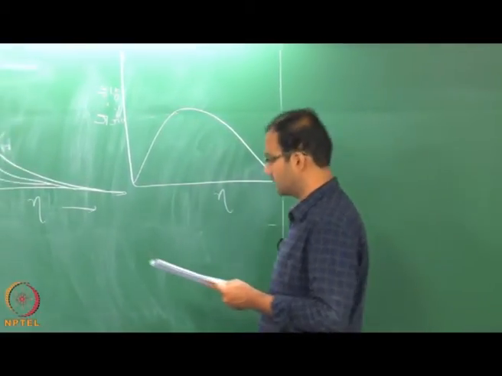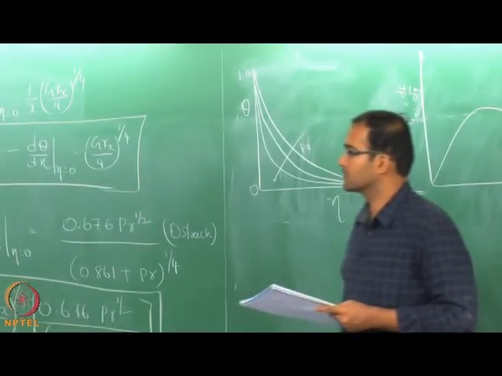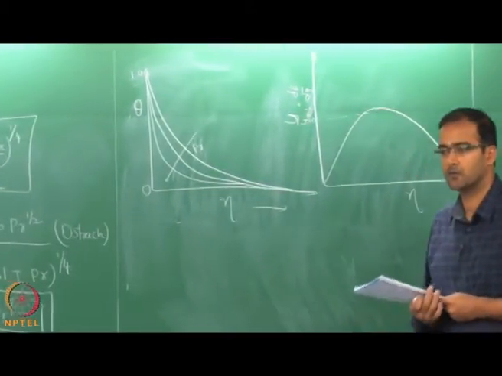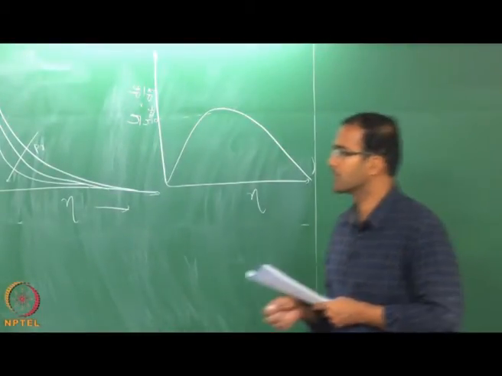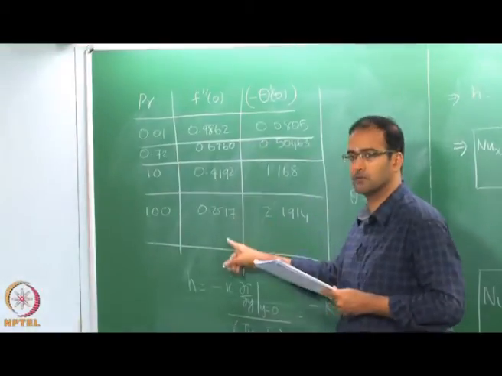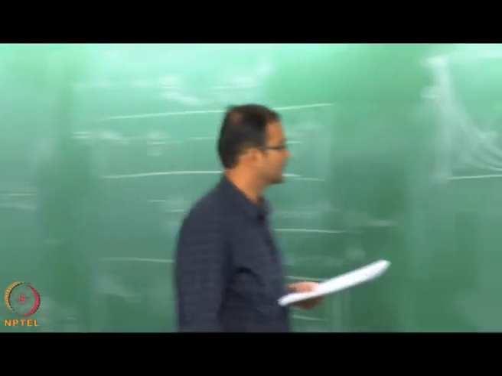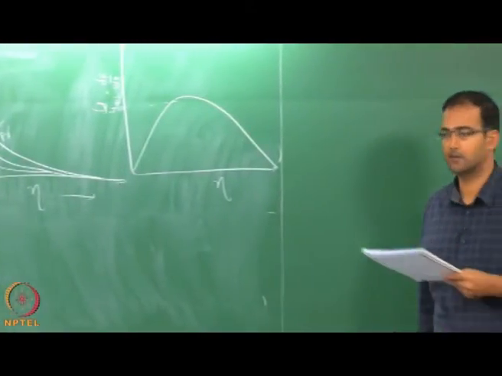Okay. And similarly with Prandtl number, what happens to the slope of the velocity at the wall? It decreases. With increasing Prandtl number, the slope decreases. So, therefore, how should the curve shift with increasing Prandtl number?